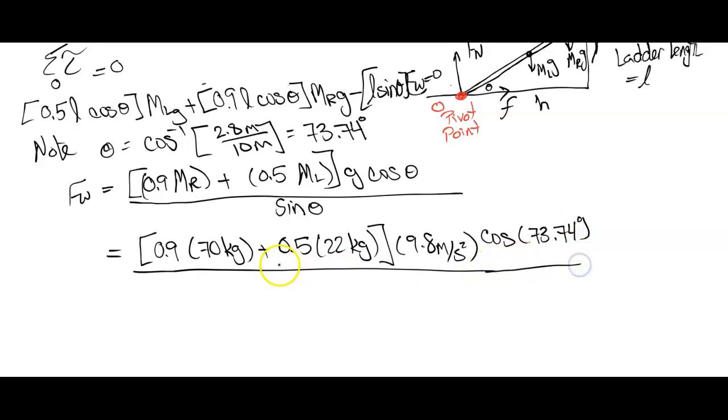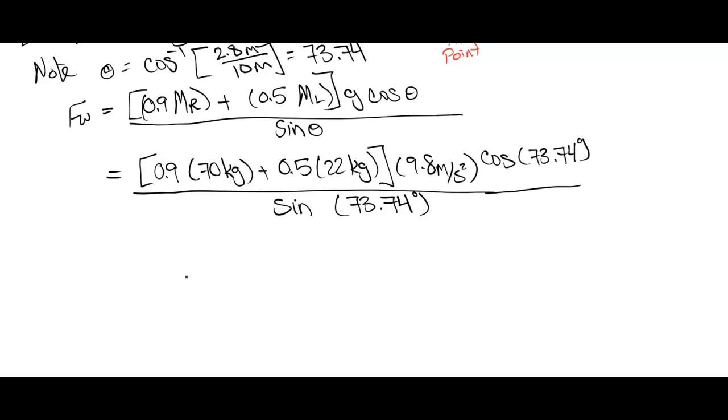Make sure when you plug this in your calculator you're in degree mode. All divided by the sine of the angle theta, or sine of 73.74. And this will give us a value for F_W that is 211.7 newtons.